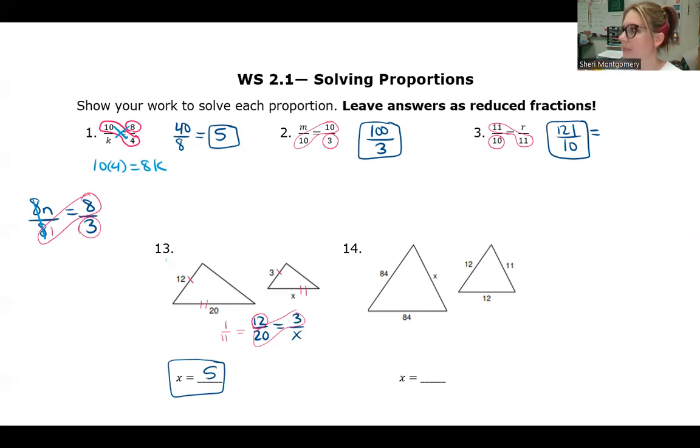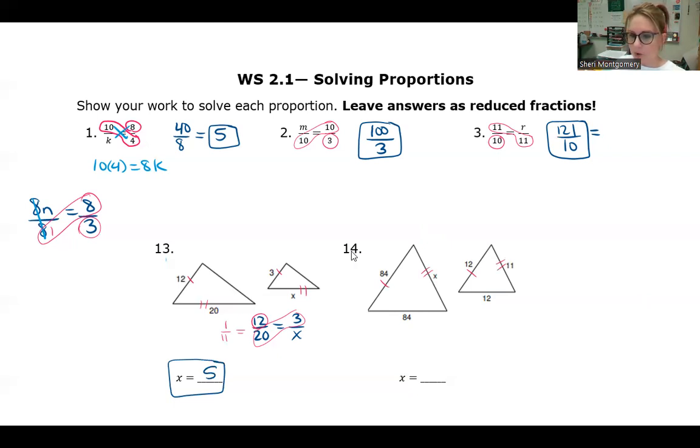The next problem is a little different, right? Because we've got all 3 sides labeled, but you only need 2 of them. So we could say that this is side length 1 and this is side length 2.